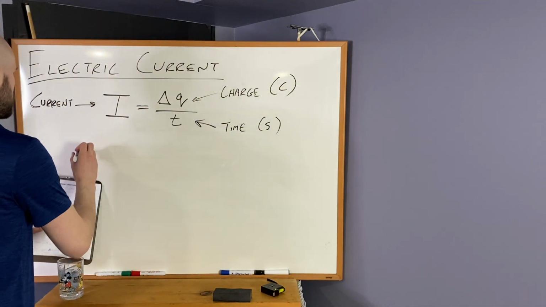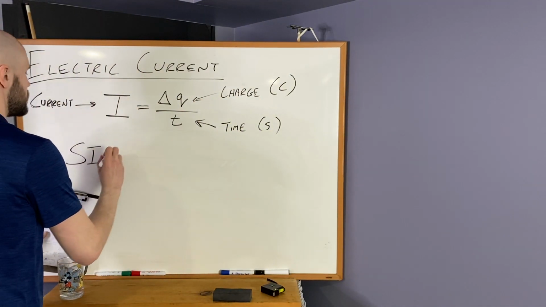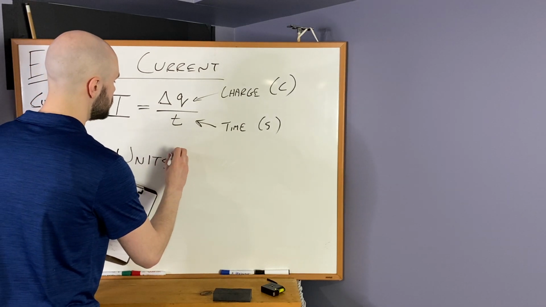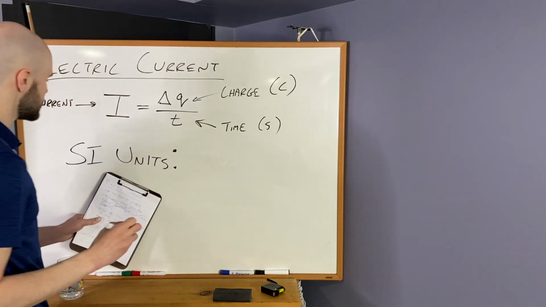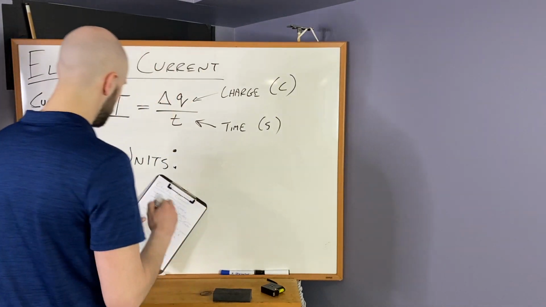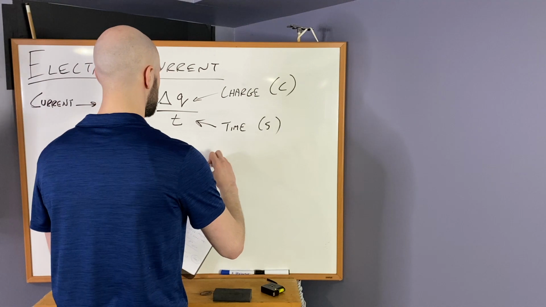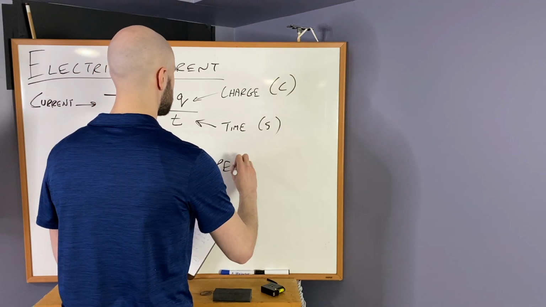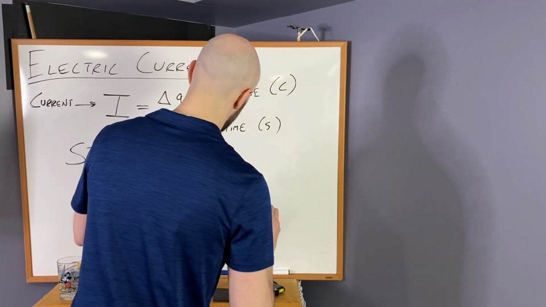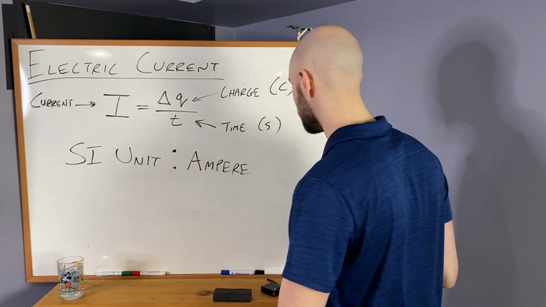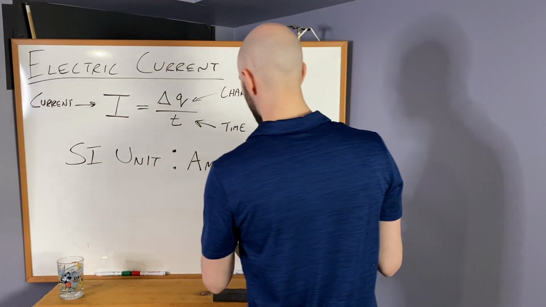So the SI unit, you can report coulombs per second, but that's not what we use in general. The SI unit is what we call an ampere, named after Andre Ampere, who was an Italian scientist.